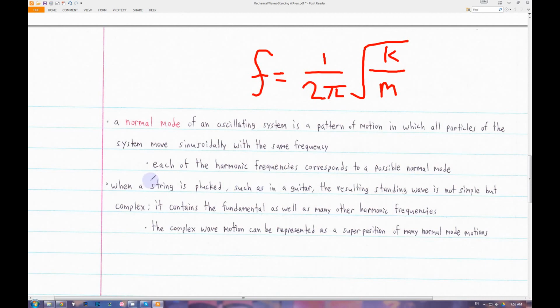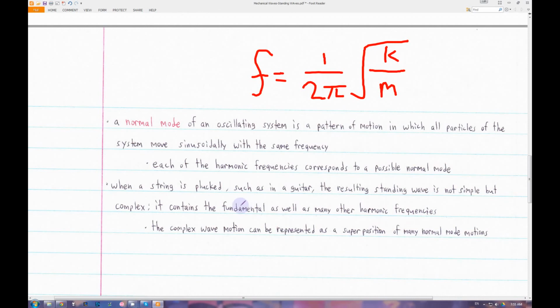So all this time we've only been looking at the sinusoidal waves, which remember is when all the particles are undergoing simple harmonic motion. However, of course, in real life, the actual waves, such as on a stringed instrument, are much more complicated.